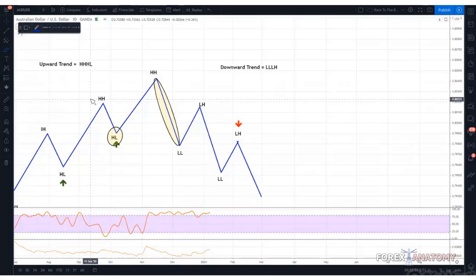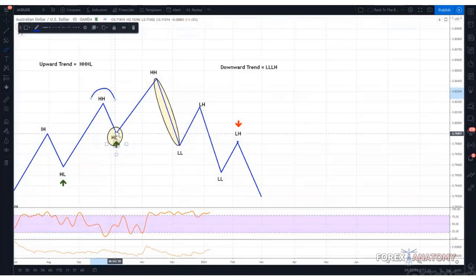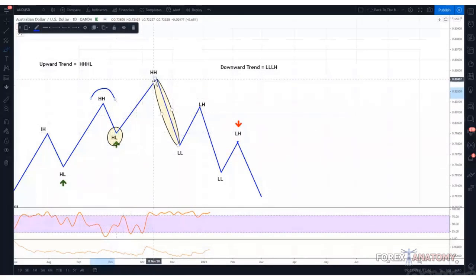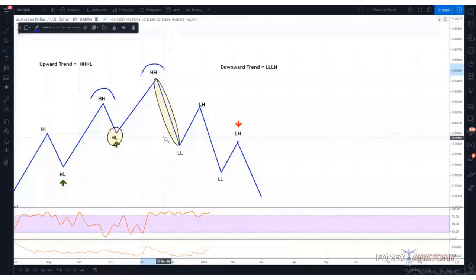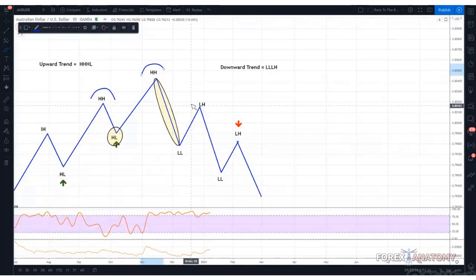So we have price making something like this, this higher high right here, and then price comes up, makes another higher high, and then it comes down, tests the lows down here, and then it makes a lower high right here. So this is what we typically call a what?